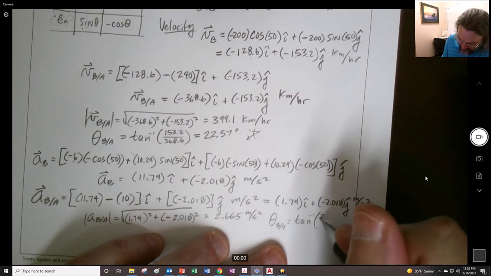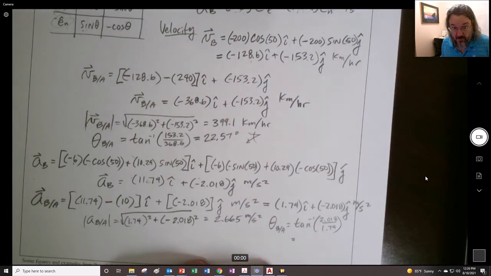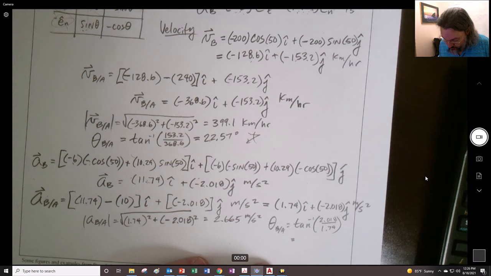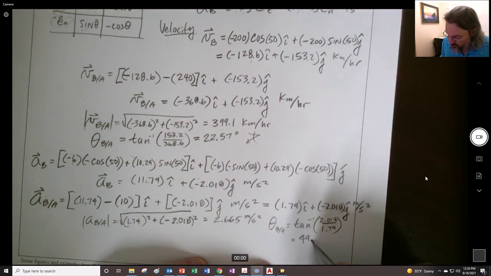We take 2.018 divided by 1.74, inverse tangent, and we get 49.23 degrees.